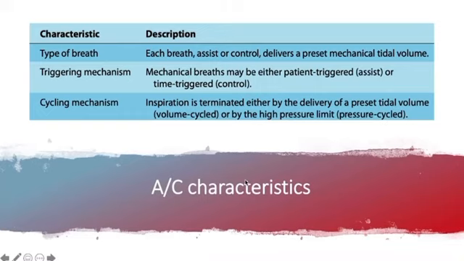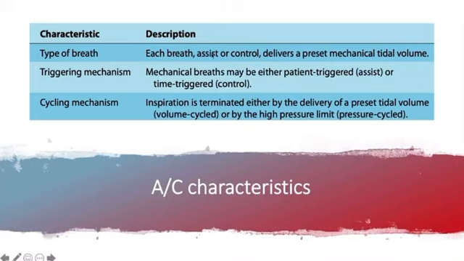The AC characteristics in breath, as I said in the CMV mode, they all have type of breath, triggering, and cycling. The type of breath here, in each breath, is either assist or control. It delivers a preset mechanical tidal volume.